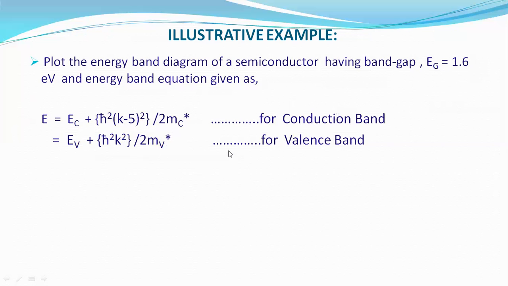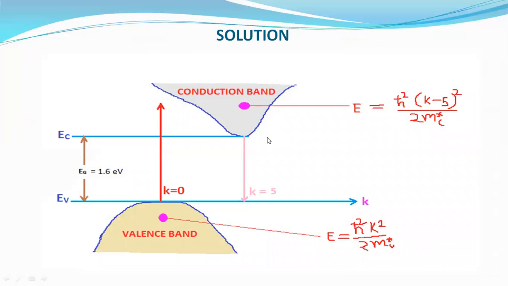Now, if we plot this and look at the equation more carefully, it is not appearing for the same value of k. That means the conduction band minima and valence band maxima do not appear for the same value of k here. If you plot the energy band diagram, you will see it like this.